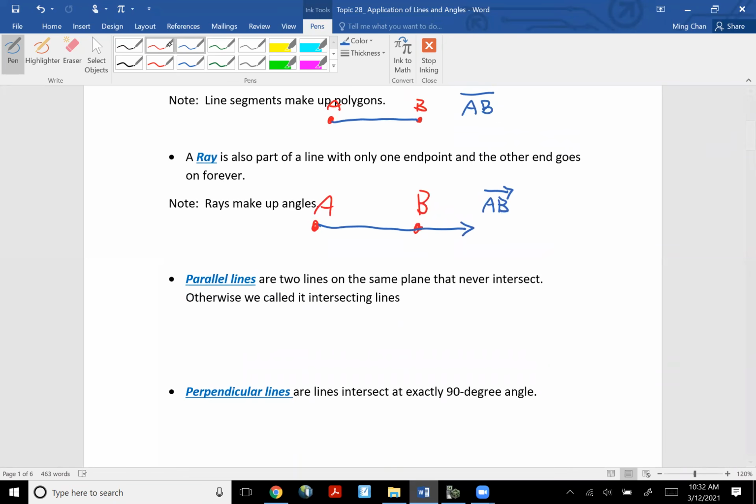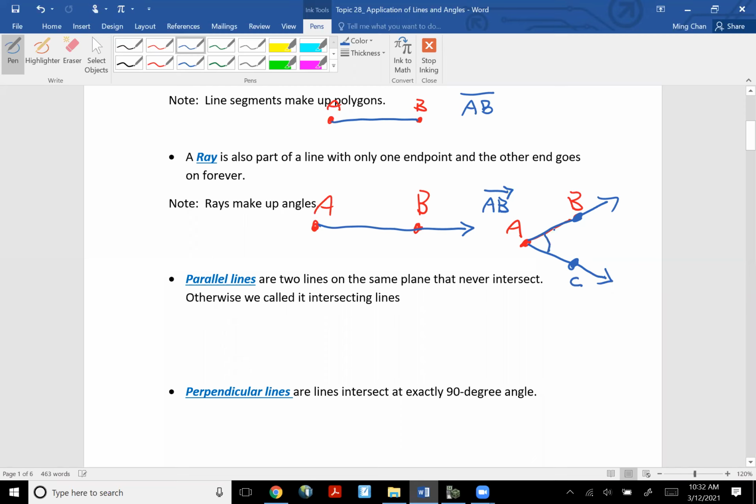So when we talk about an angle, let's say here is a point A, and here is a point B. Let me draw a ray. Then what happens if another ray shares the same endpoint, point A? We call this ray AC. So two rays form an angle.